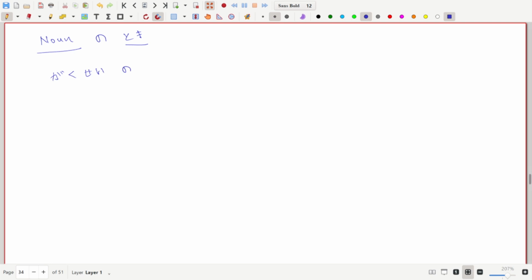Gakusei no toki, when I was a student, I used to work part time. Part time is called arubaito. Arubaito is for part time job. Arubaito o shimashita.